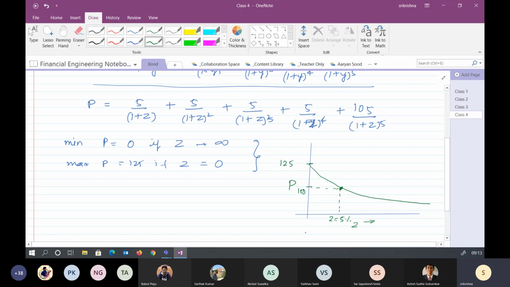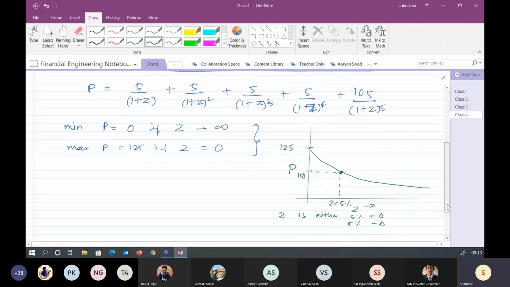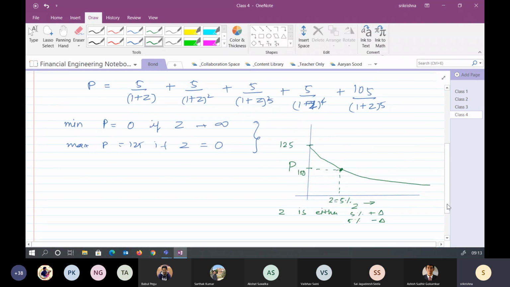With this graph, what would happen if the Z value changes slightly? The Z value is either 5% plus delta or 5% minus delta, where delta is a very small change in the interest rate. How can we get the value of P then?